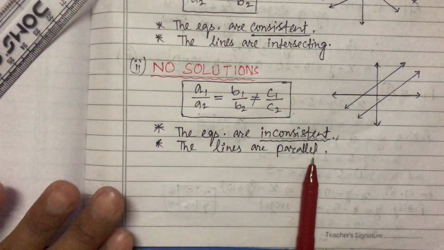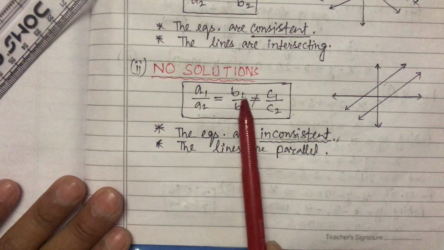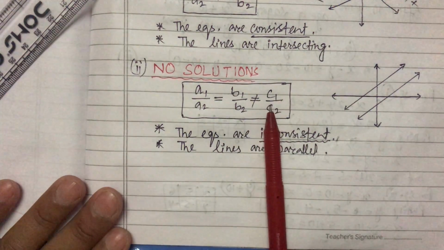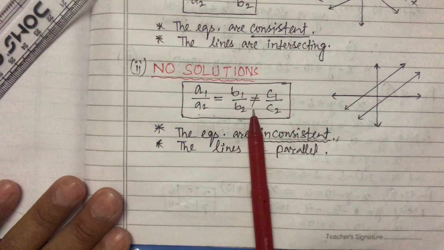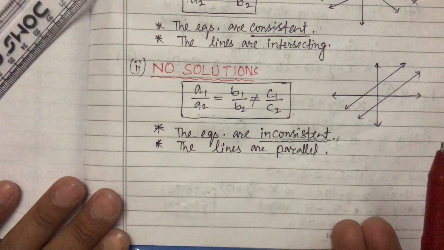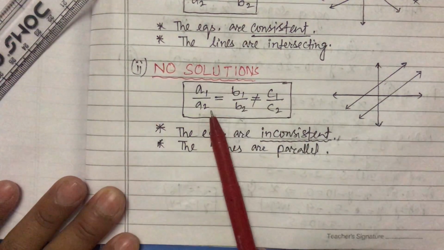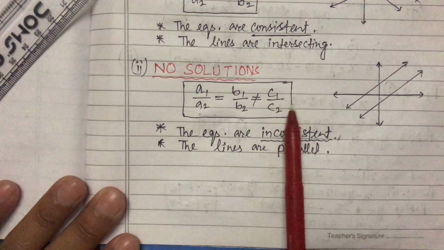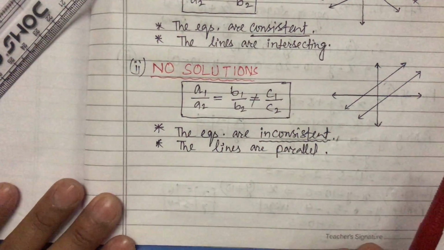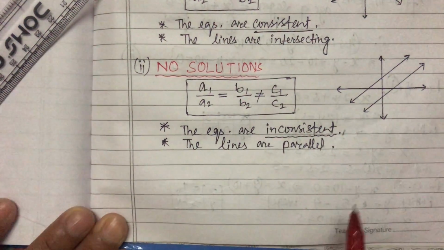Okay, so this is how we can tell: if I get this condition, first two ratios equal and the third ratio not equal, then we can say no solution. So without using a graph, we can tell that the equation will have no solution and we don't need to solve it, because if I get this condition, I can easily tell that the equations will have no solution.